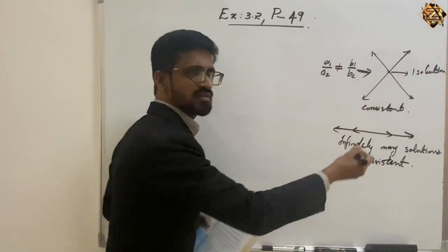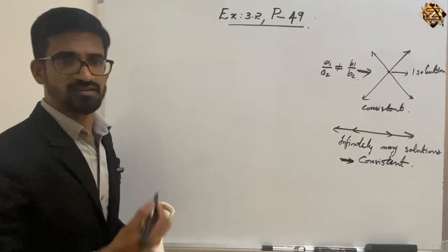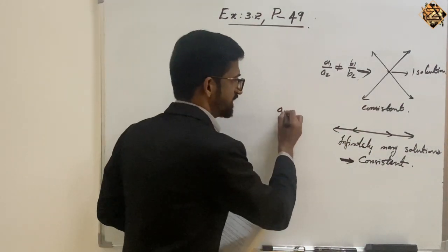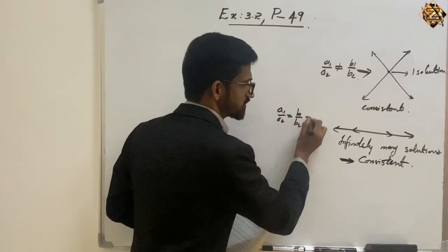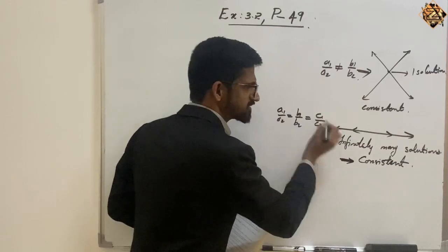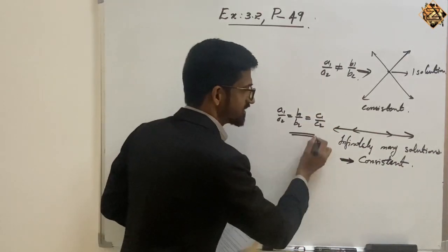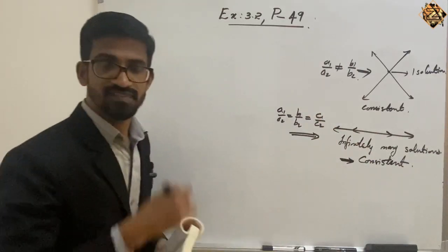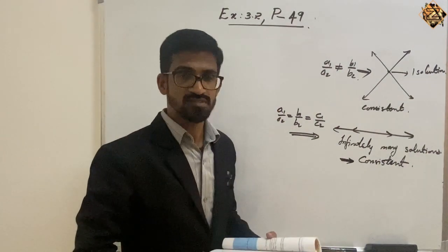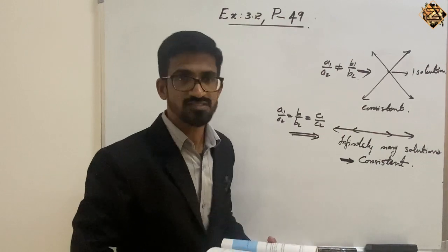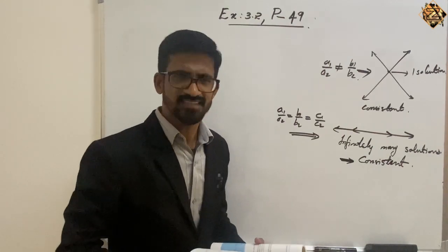How can we understand whether the lines are coincident or not? If A1 by A2 equal to B1 by B2 equal to C1 by C2, this implies the lines are coincident. Then definitely there will be infinitely many solutions, by which we can say that the equation is consistent.